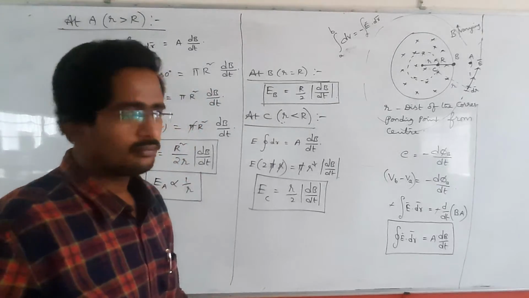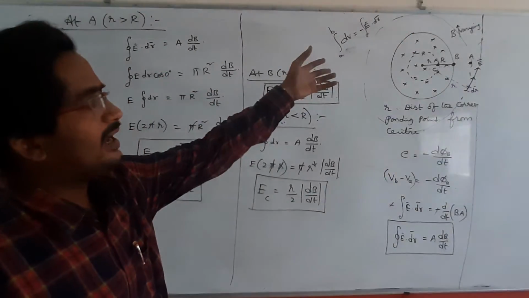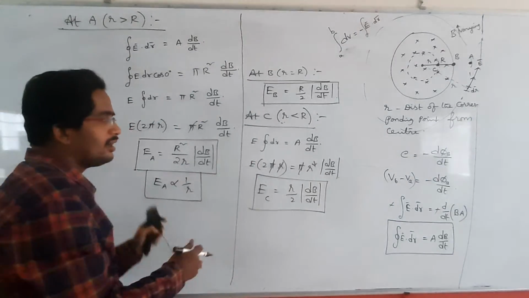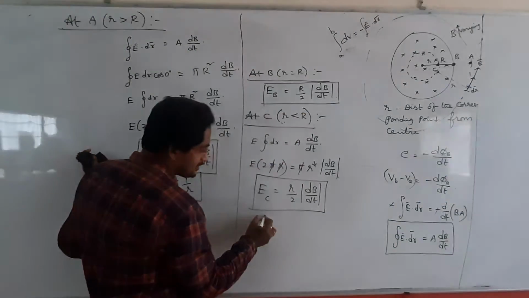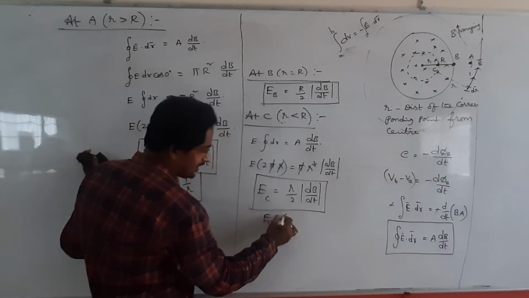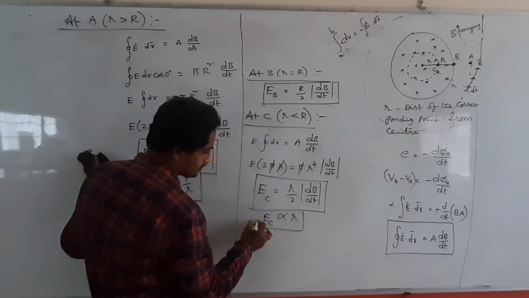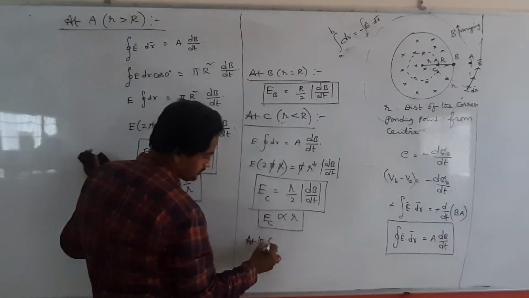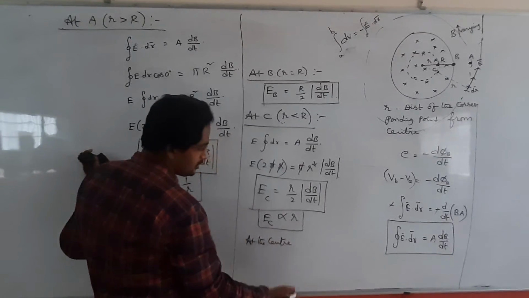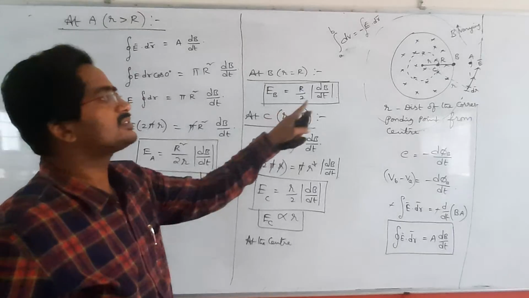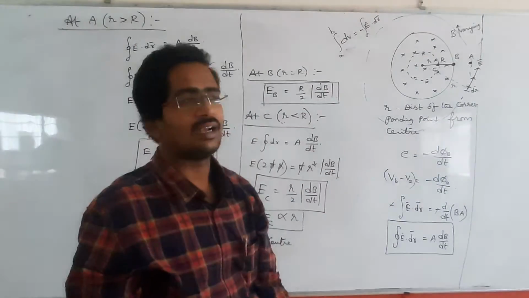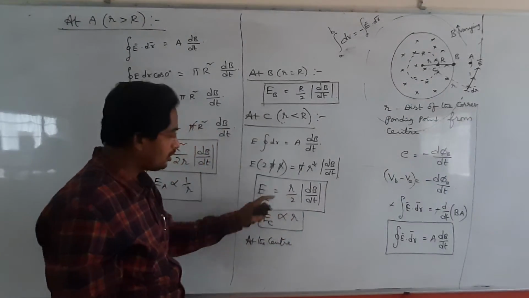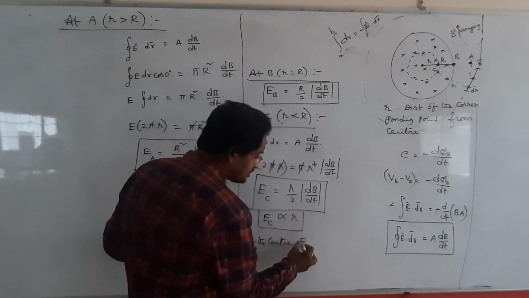Okay, so we derived the electric field intensity values at three points. But inside, you see how it is related with the distance: directly. At the center of the circular region of the magnetic field, r value is 0. If r is 0, what about the E value? 0.